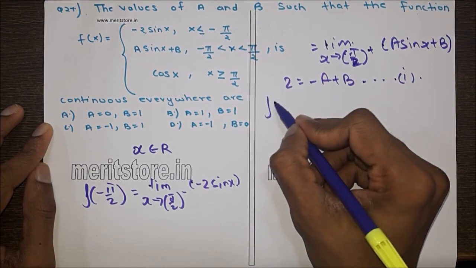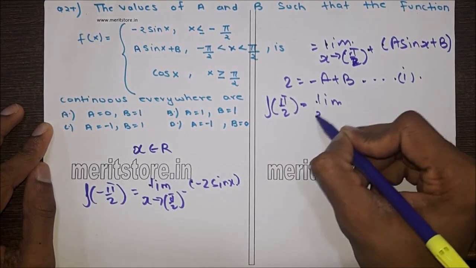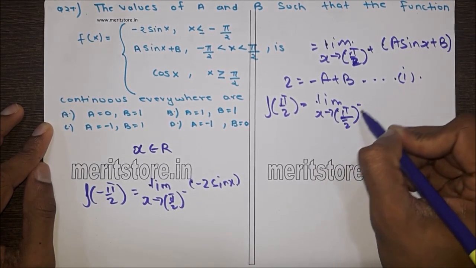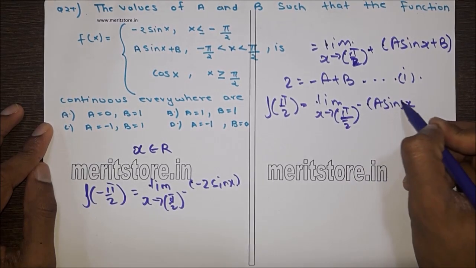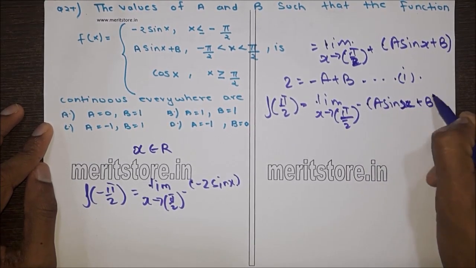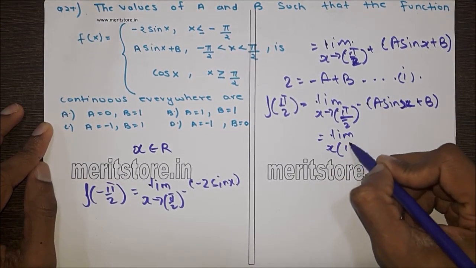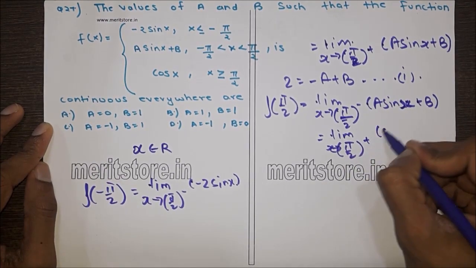So for f(pi by 2), we get the limit as x approaches pi by 2 from the left hand side of a sin x plus b, which equals the limit as x approaches pi by 2 from the right hand side of cos x.